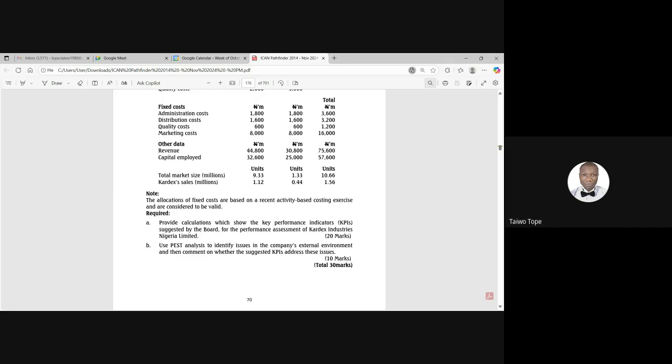This is the total sales: 44,800 for workshop, 30,800 for perfect wash. So what is the average? The total sales divided by the total units. You have the average sales per unit.